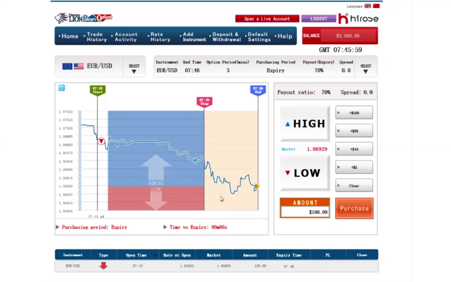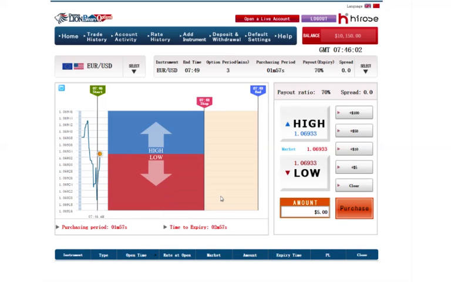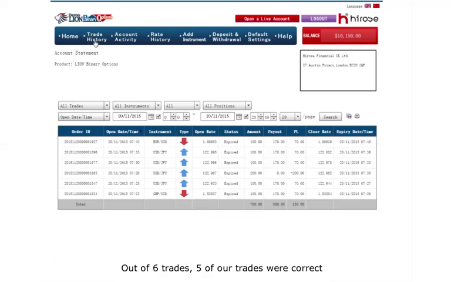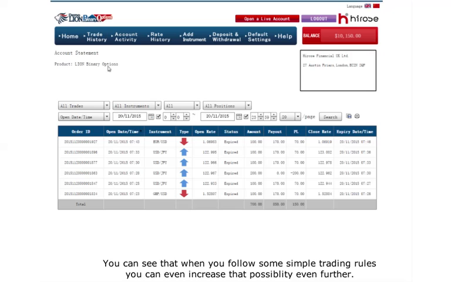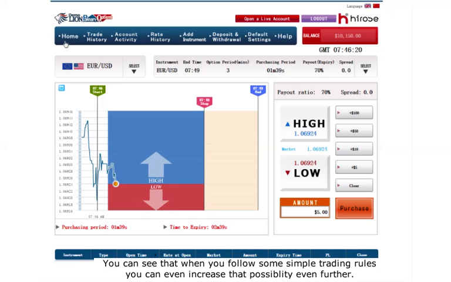We now just have to wait for expiry again. Out of 6 trades, 5 of our trades were correct, which means we achieved a winning ratio of 83%. You can see that when you follow some simple trading rules, you can even increase the winning ratio even further.